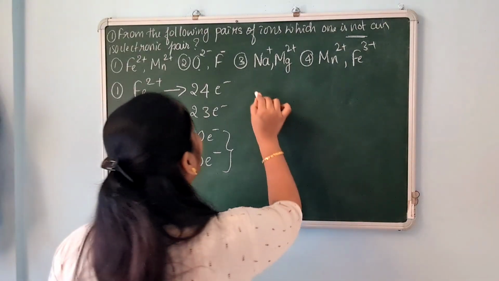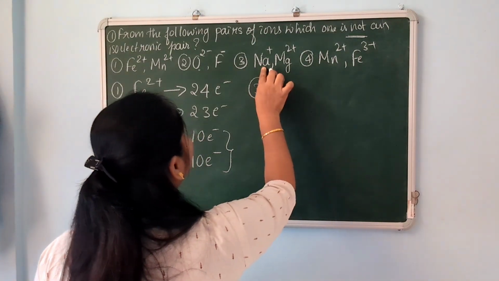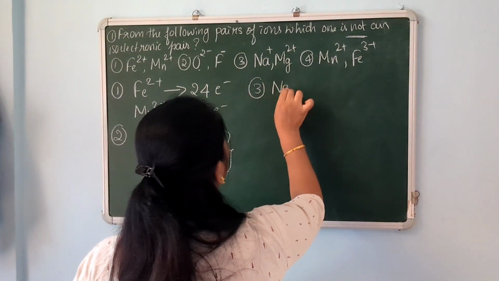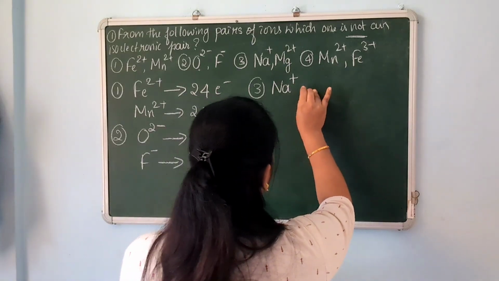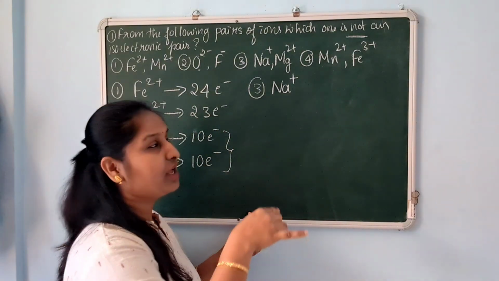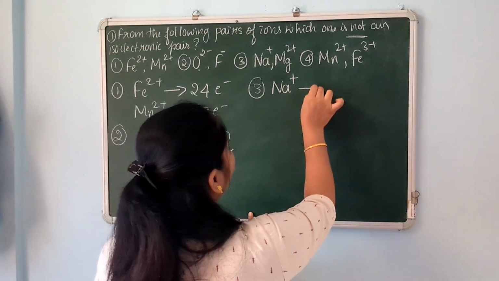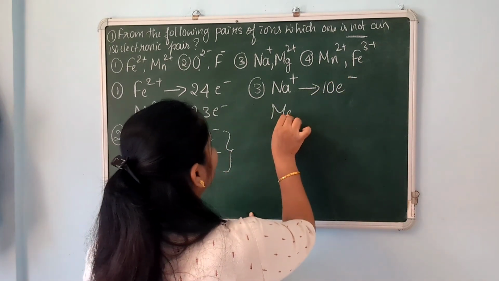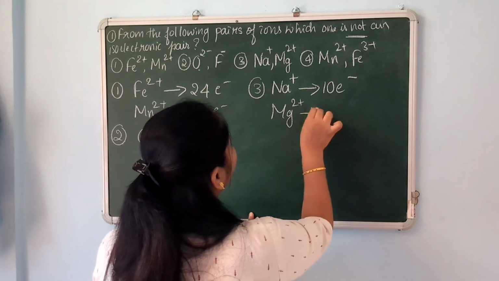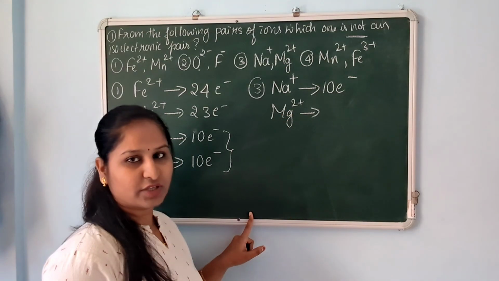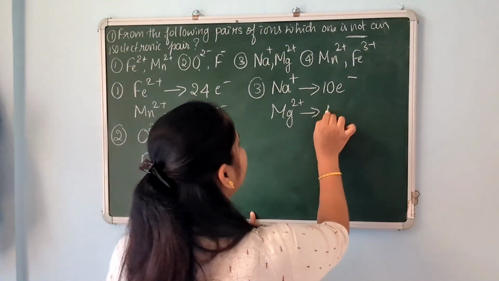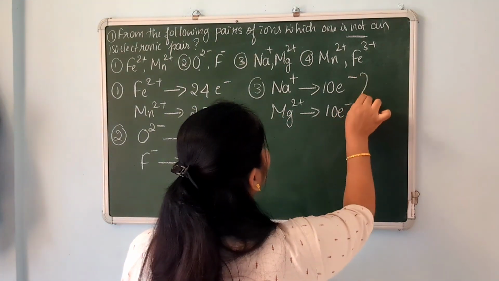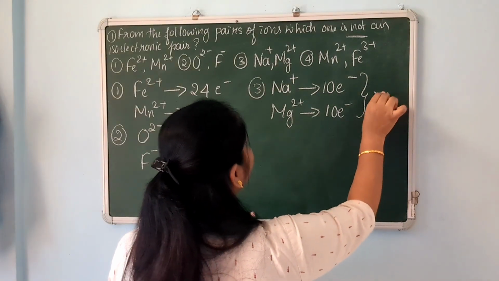For the third option, Na+: sodium's atomic number is 11, and with a plus charge, 11 minus 1, 10 electrons. Mg2+: the atomic number is 12, with plus 2 charge, that becomes 10 electrons. This is also an isoelectronic pair.